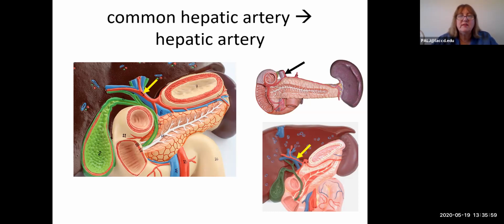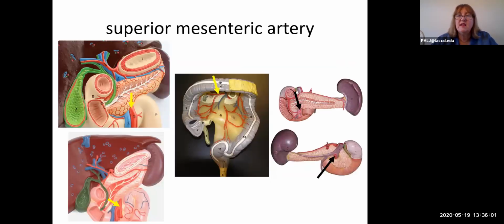Now, going back to the aorta again, the next blood vessel you would see coming off that's unpaired would be the superior mesenteric artery. And this can be seen in digestive system models right below the inferior surface of the head of the pancreas and just above the terminal retroperitoneal portion of the duodenum.